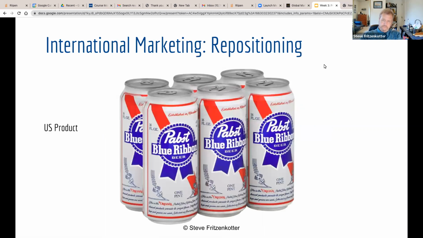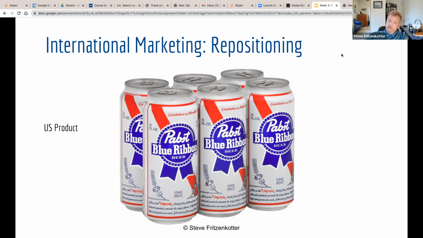First of all, let's look at this product. In the US market, this beer product is stuck somewhere in the middle. If you were to draw a product map, it would be stuck in the lower middle. It's not considered a high-end beer.